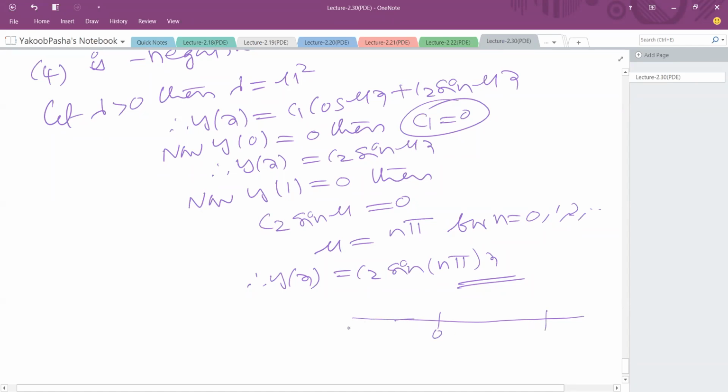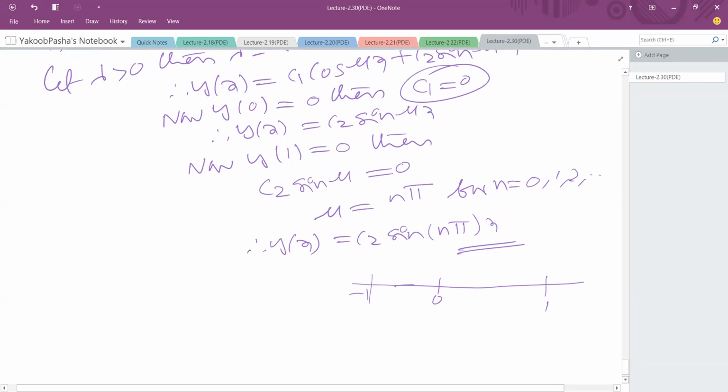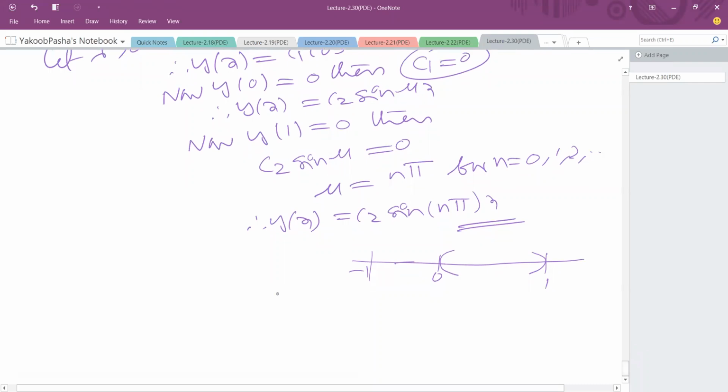Sine always lies between -1 and +1, but we need to check except at 0 and except at 1, whether the function changes sign in this interval.